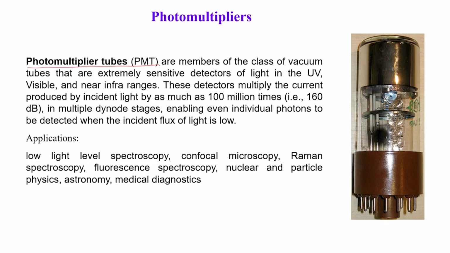Now, what does the PMT do? It increases the photon density, sometimes up to 100 million times. No wonder it is used in low light level spectroscopy, things like confocal microscopy, Raman spectroscopy, fluorescent spectroscopy, nuclear and particle physics, astronomy, and medical diagnostics.